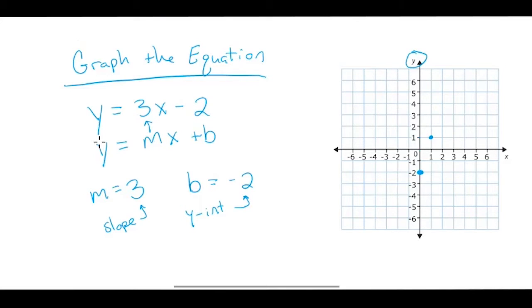Then I will take my straight edge, my ruler, and I will draw a straight line through those 2 points. Make sure that the line goes through the points, not just connecting them, but goes all the way through them, so that you have room to put arrows on the ends here to signify that the line goes on forever. And that's how you graph the equation y equals 3x minus 2.